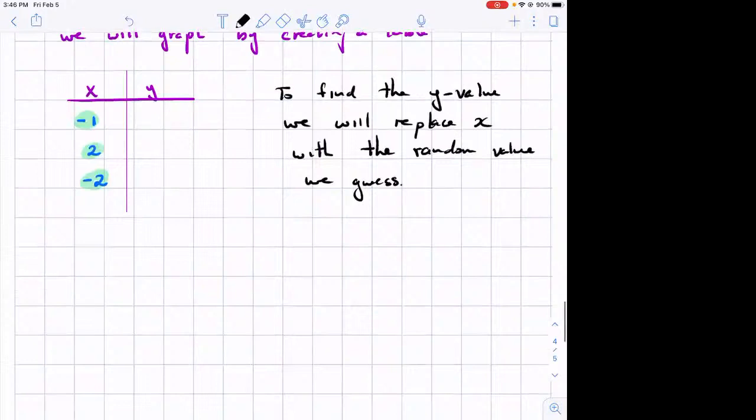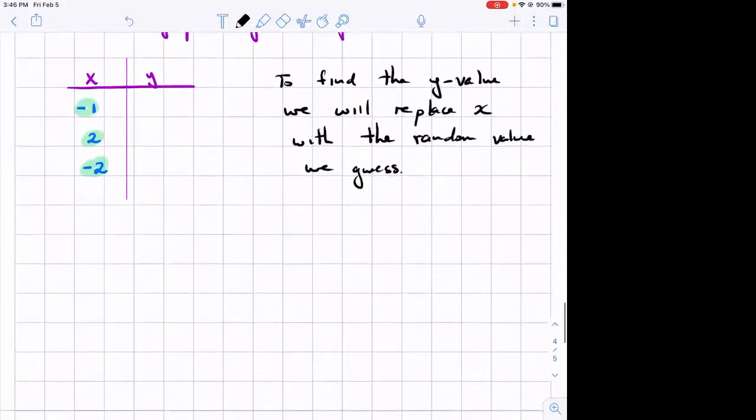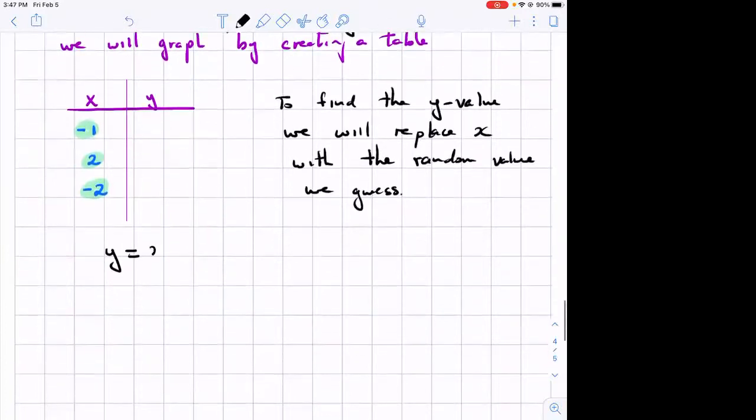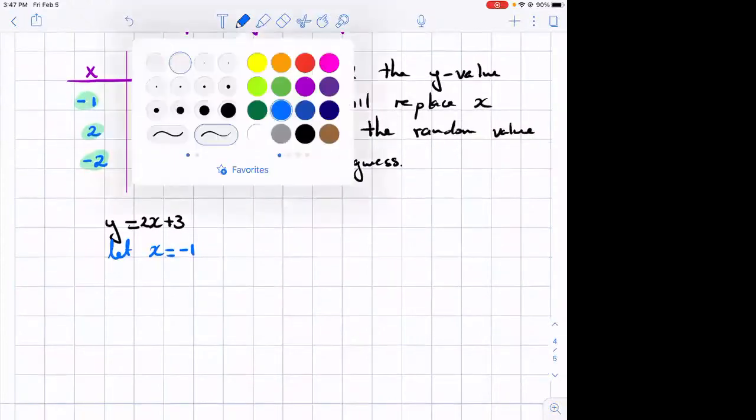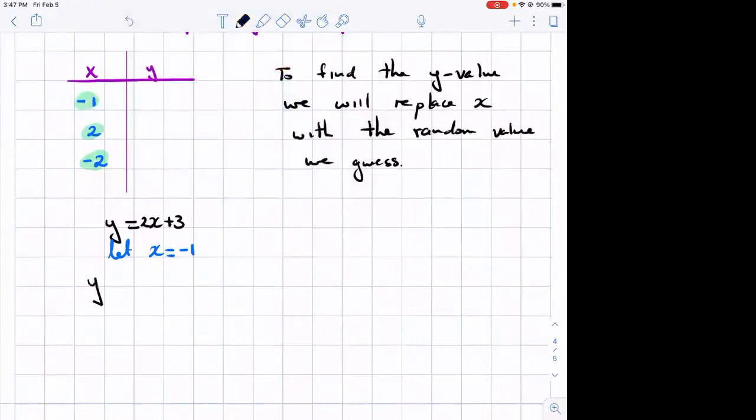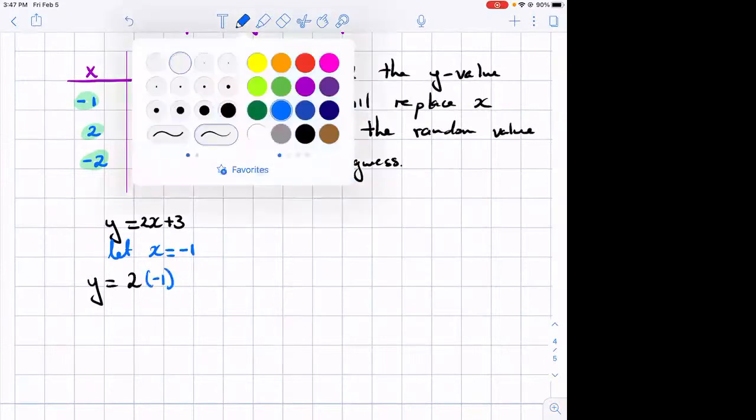Okay? So the first thing, the equation is y equals 2x plus 3. So let x equal -1. Okay, and if I do this, I have y equals 2, and then in parentheses, -1, plus 3.